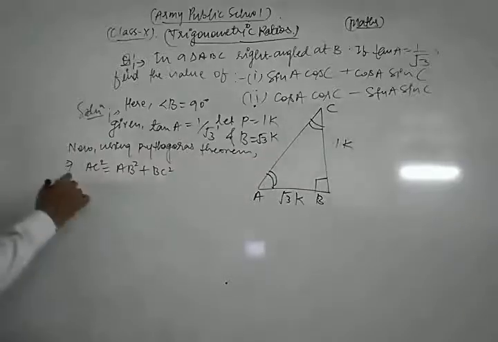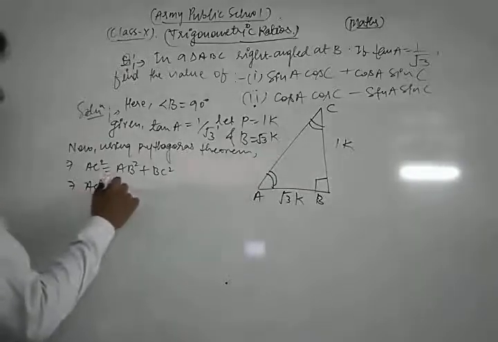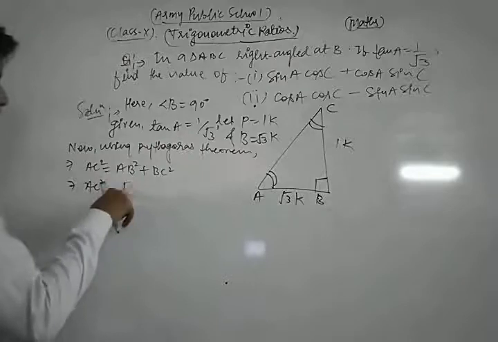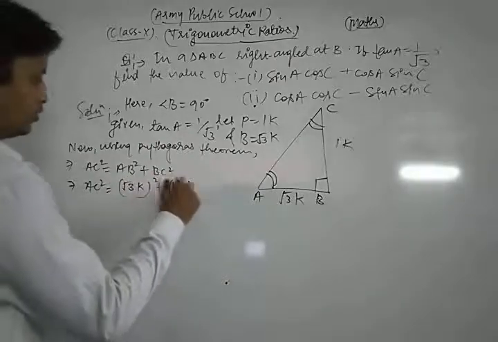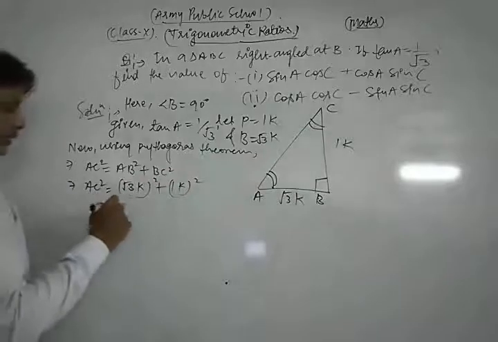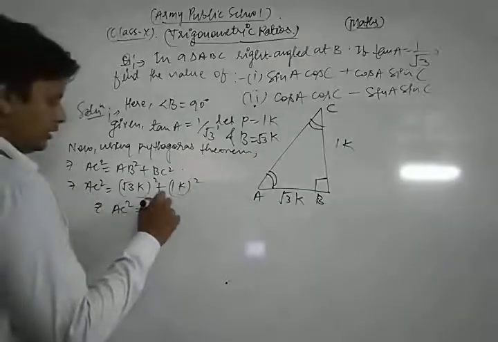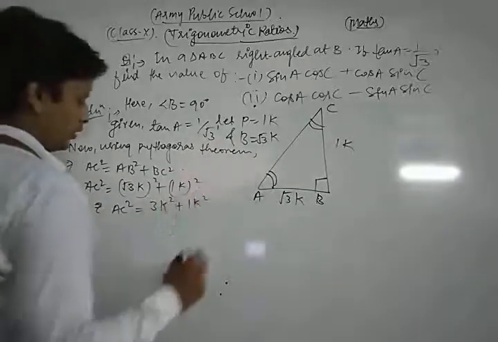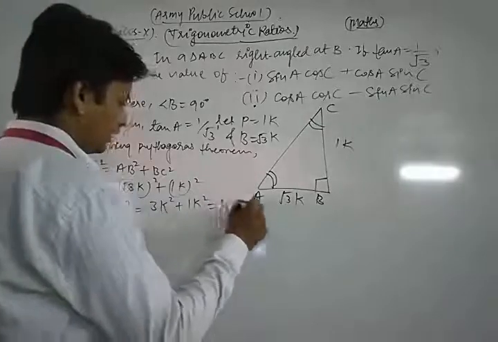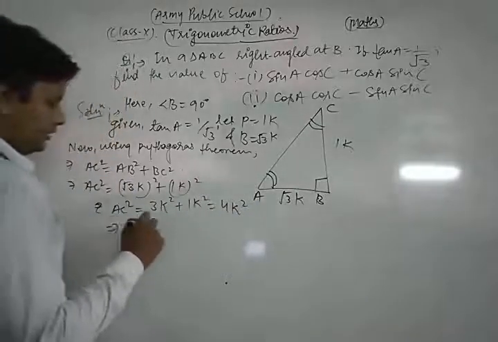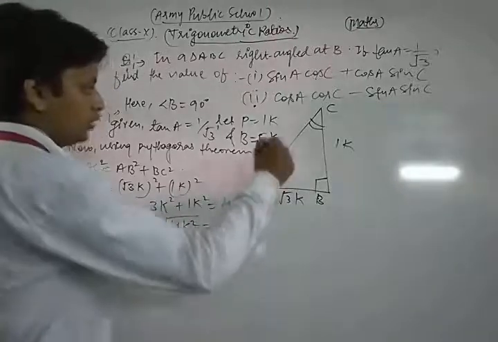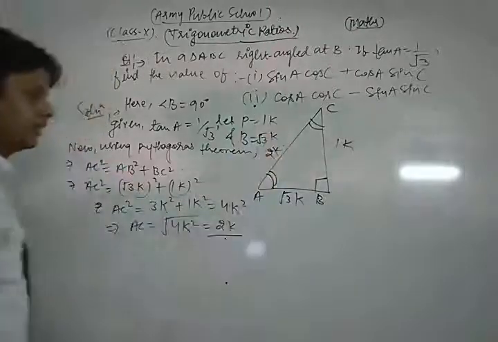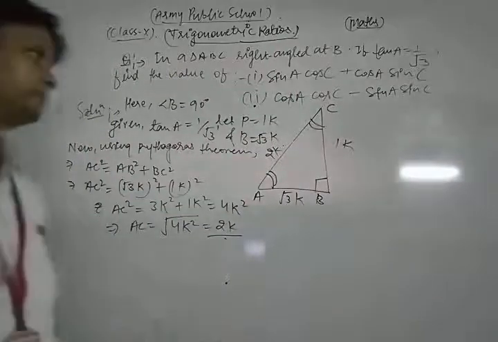So we have AB as under root 3k whole square plus 1k whole square. So we get AC square is 3k square plus 1k square, that is 4k square. So AC is under root 4k square, that is 2k. In this way the hypotenuse AC is 2k.